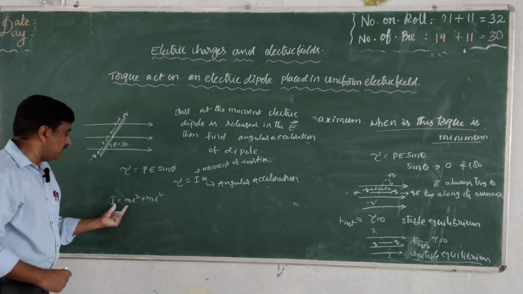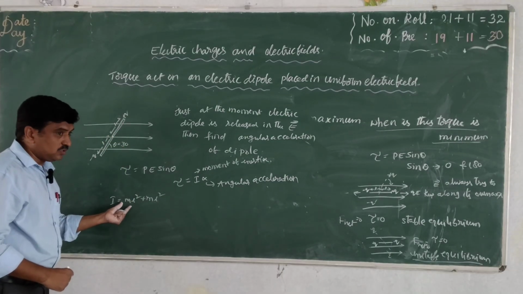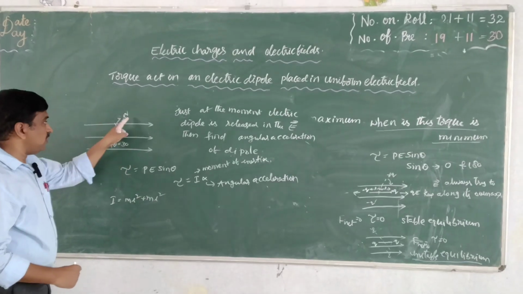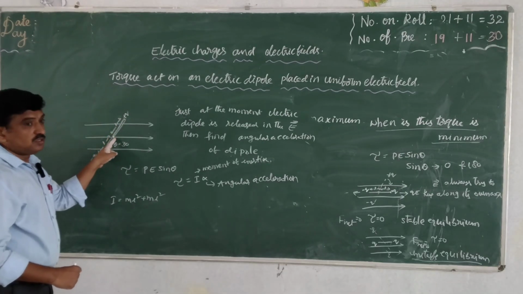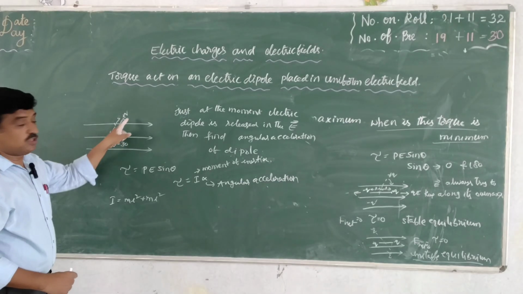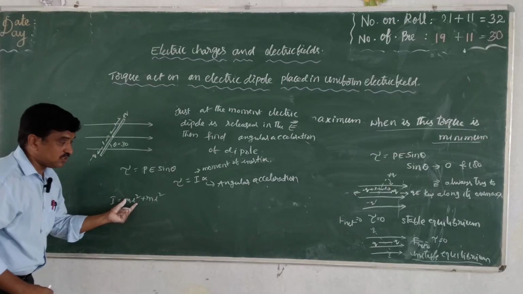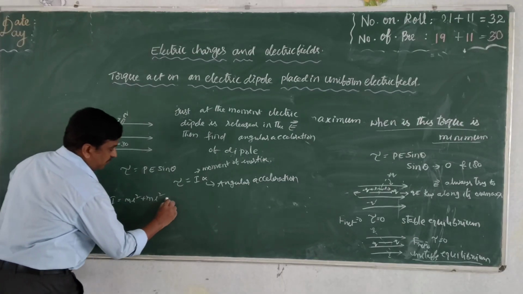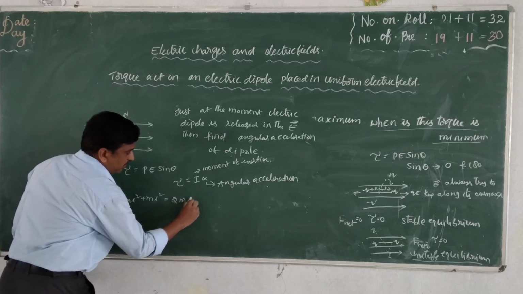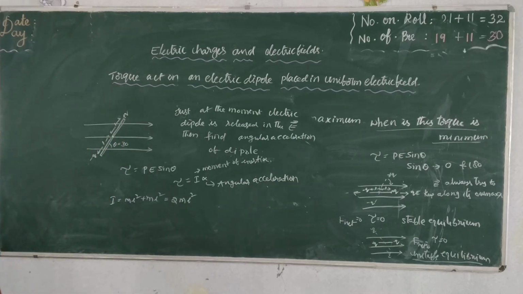So that is m L square for each particle. What is the moment of inertia now? It is 2 m L square.